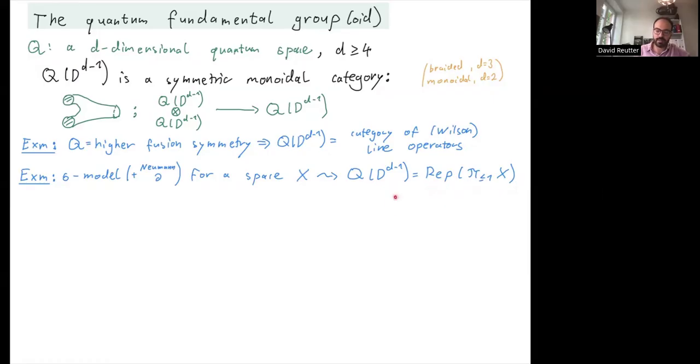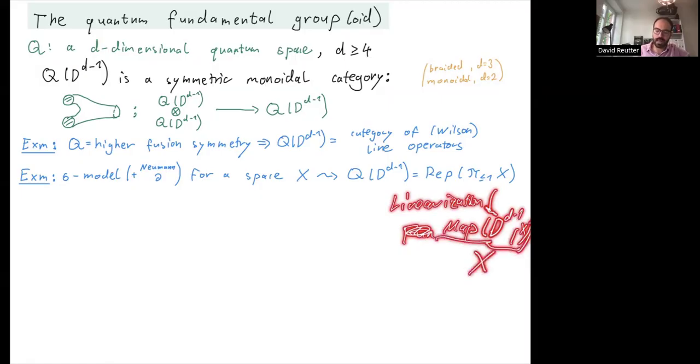Linearization, for example, means you take functors of this category into vector spaces. But the relevant thing is that it's maps from the disk D^{d-1} to X. But the point is that the disk is contractible, so this space is just the same as X. And so it's just a linearization of X.